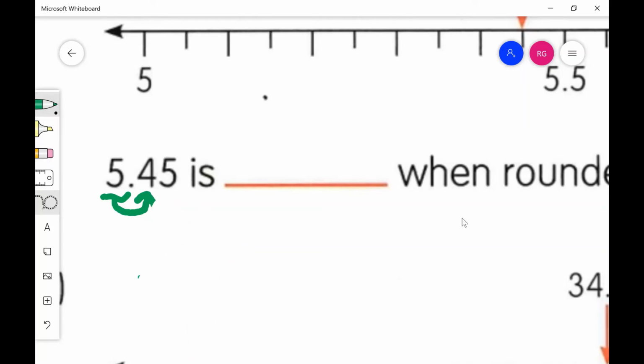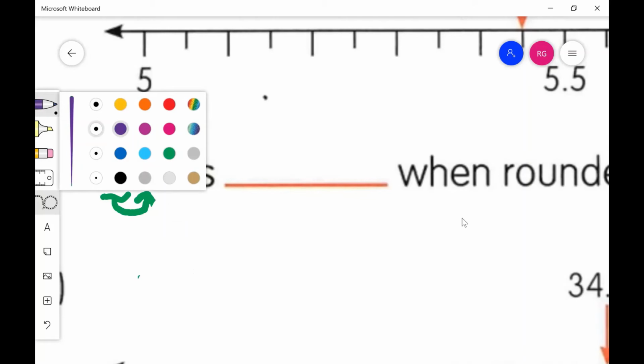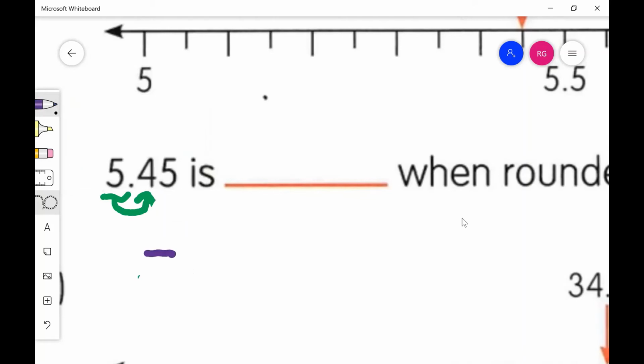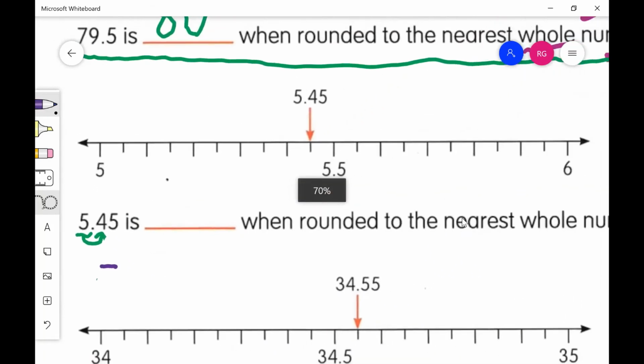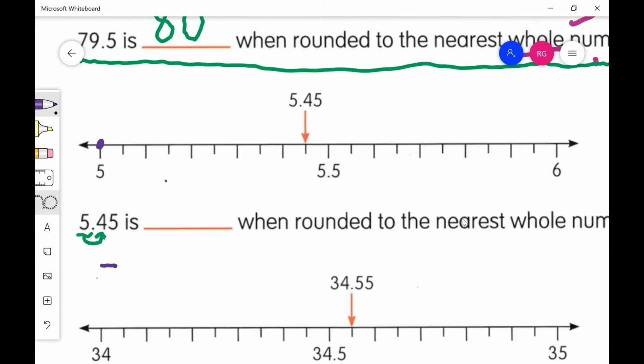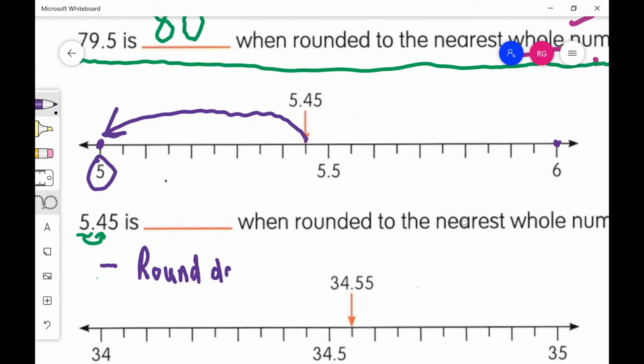Round down. If I think about my two options, they have the number line here. The two options are either 5 or 6. So obviously I need to round down because it's closer. And what does that equal? 5. And you remember, round down means that the digit stays the same.